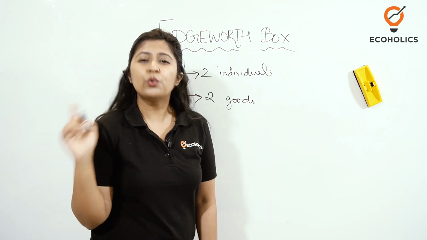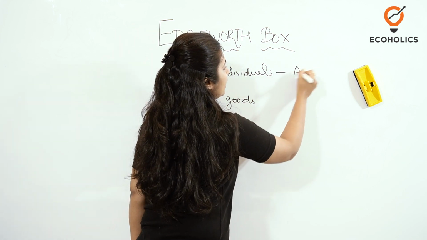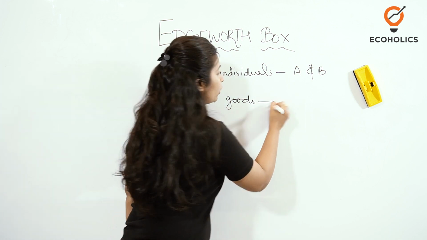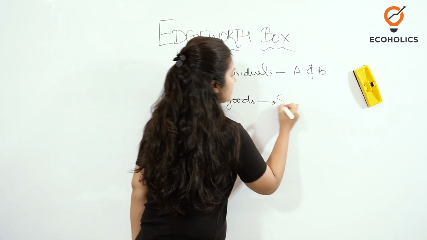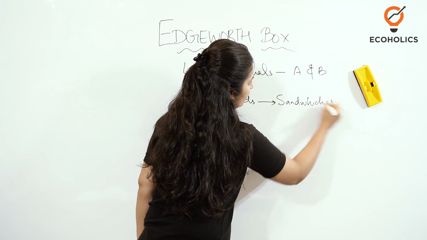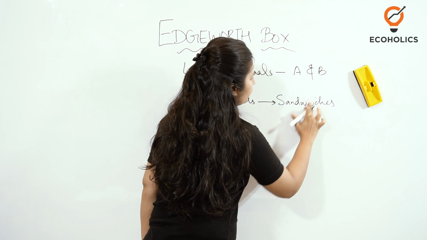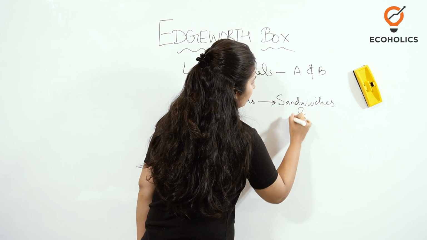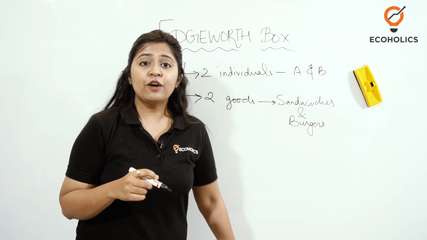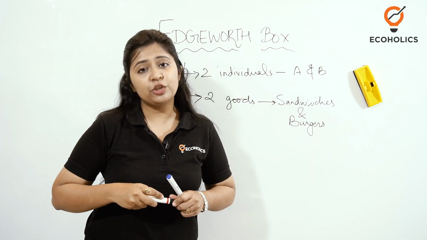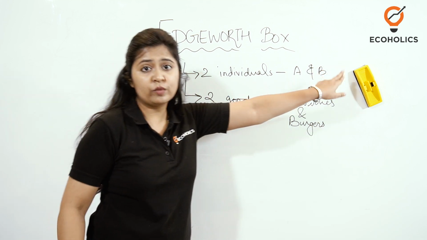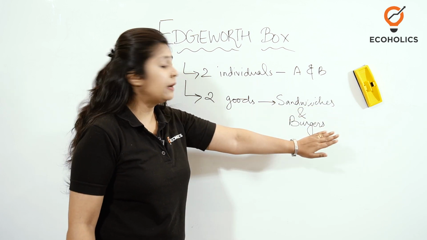Let us say the two individuals are named A and B, and the two goods are sandwiches and burgers. These two commodities can be consumed by individual A and individual B.